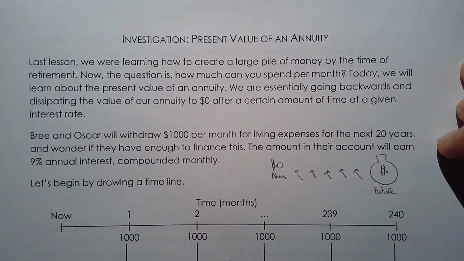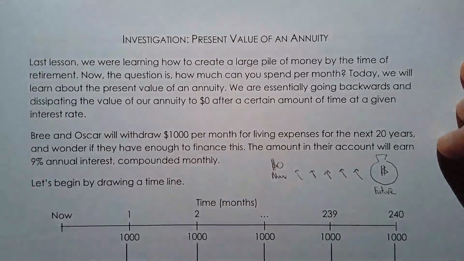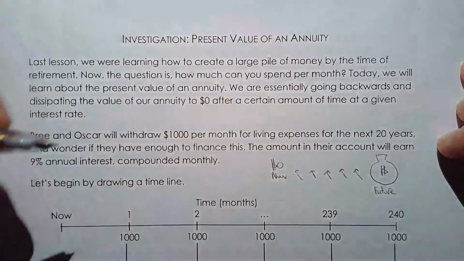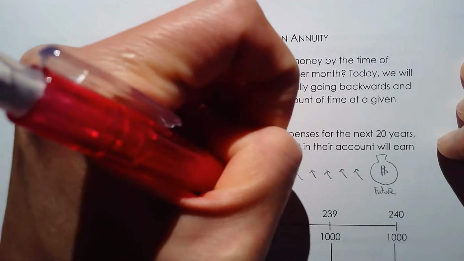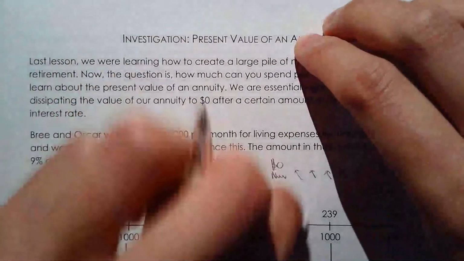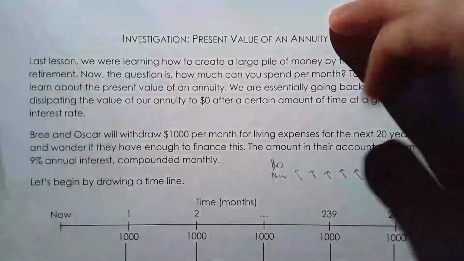But in the present value of an annuity, you actually have right now, let's try to say right now, I want to draw a big bag of cash. Let's move it down here.